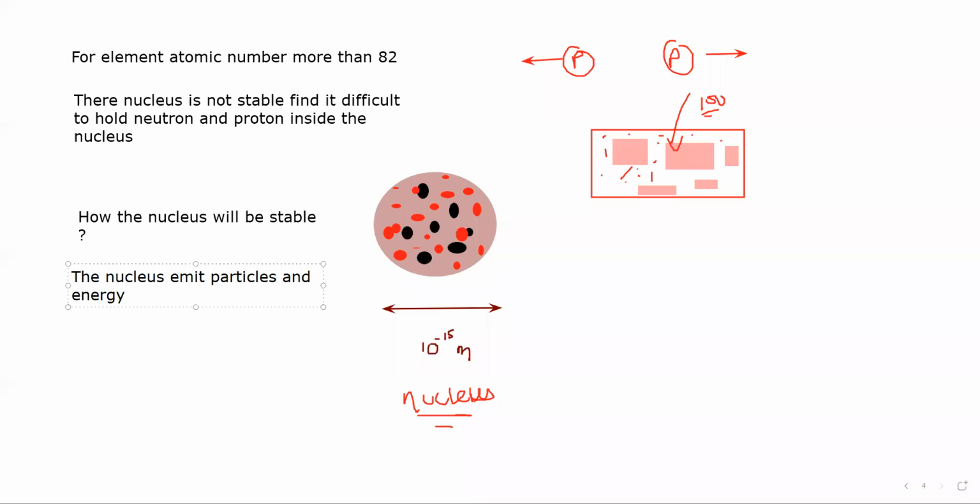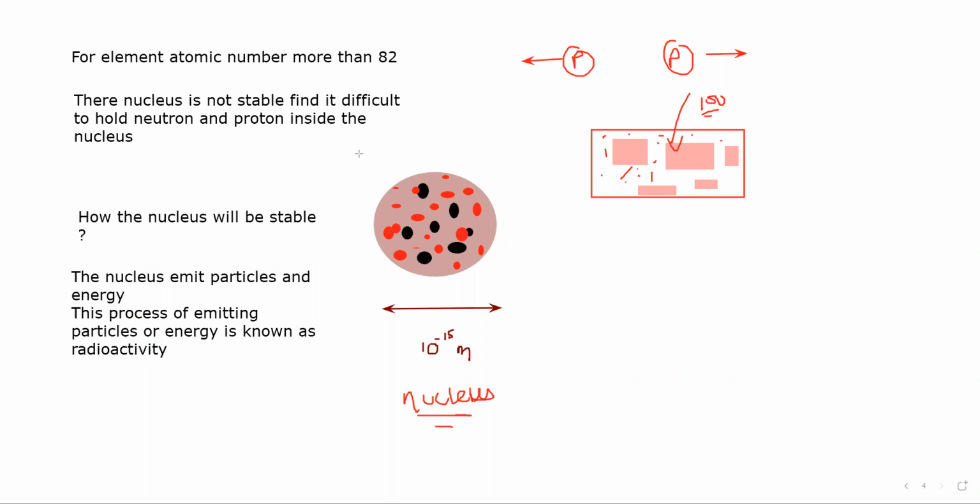The nucleus emits particles and energy, and this process of emitting particles or energy is known as radioactivity. So basically, the nucleus starts to gain stability, the nucleus starts to emit out the particle and radiation.